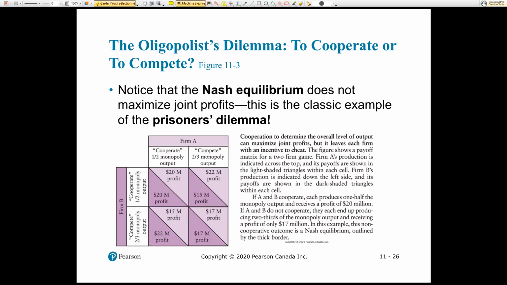If they both confess, then they both have a bad sentence, but not as bad as if you didn't confess. But if they both do not confess, and they both cooperate with their partner, then in that case they have a very light sentence because there isn't enough proof against them.